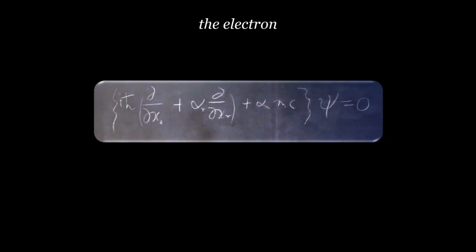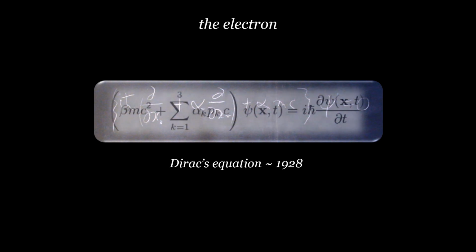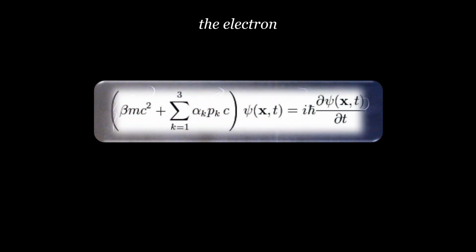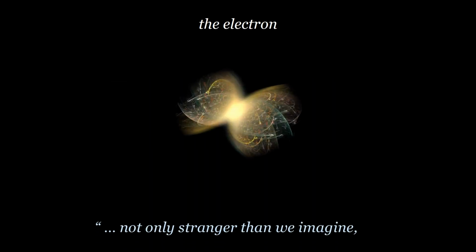Think about Dirac's famous 1928 equation for the electron, which we still use today. This equation tells us nothing about what the electron actually is. It simply helps us to predict, with extraordinary precision, certain values that we can expect to measure, which leaves plenty of scope for speculation.